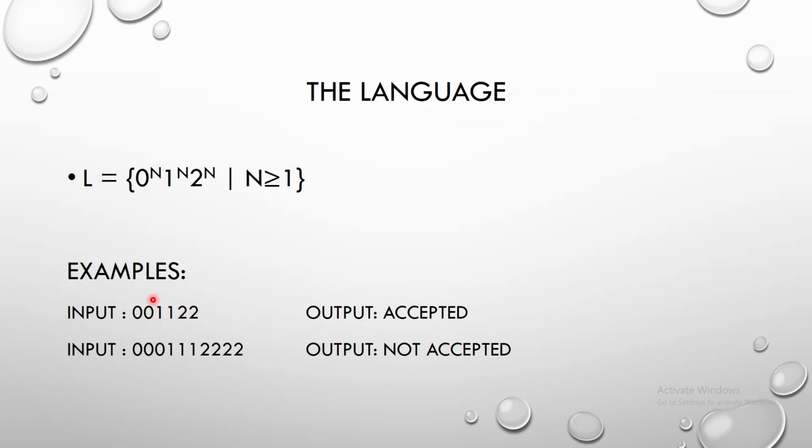This string is accepted because it contains an equal number of zeros followed by an equal number of 1s followed by an equal number of 2s. The string 000111 2222 is not accepted, as the number of zeros is 3, the number of 1s is 3, but the number of 2s is 4, so this string will not be accepted by the Turing machine.